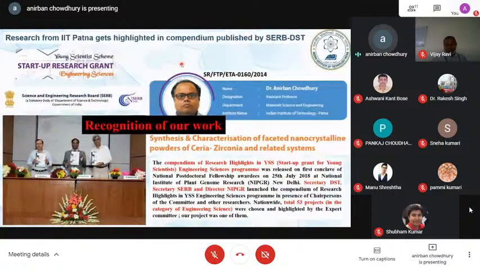This is our work on the ceria-zirconia system that got selected for the first DST Young Scientist Project, and in the compendium book published by the DST Secretary, Professor Ashutosh Sharma of IIT Kanpur, 53 projects nationwide were selected based on their performance, and our project was one of them in the category of engineering sciences.